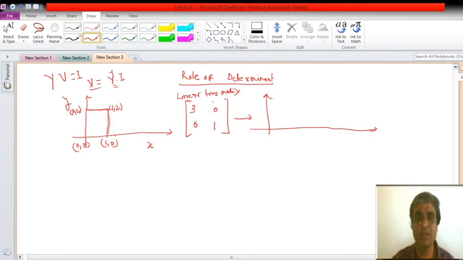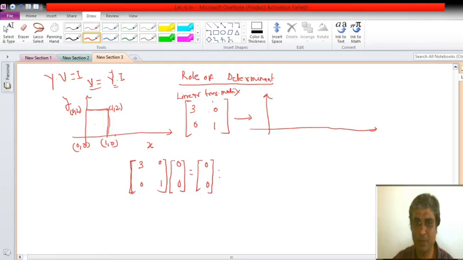Applying this on the vector 0 0, the output remains 0 0.